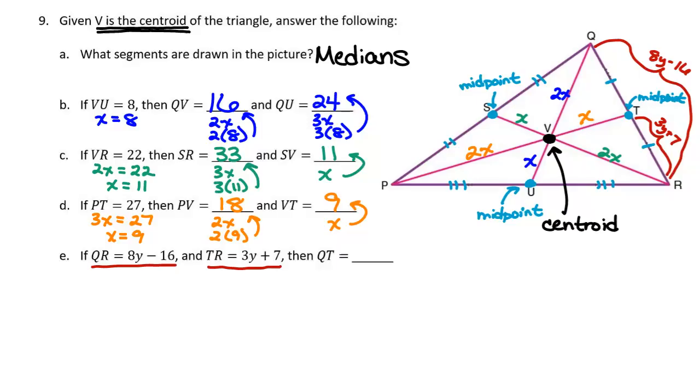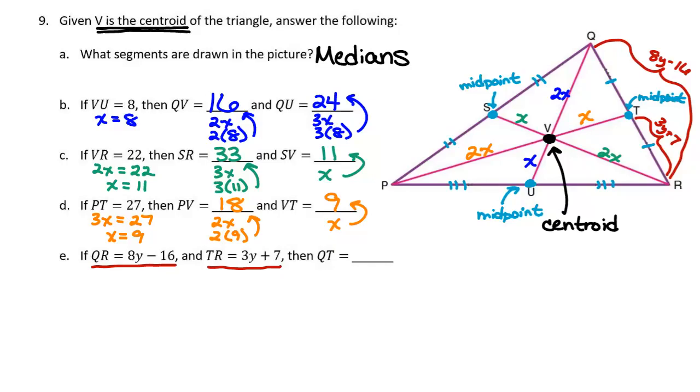So we're supposed to find the length of QT. What's the relationship between TR and QR? They're not the same size. It's a small piece of it. Specifically, it would take how many segments this size to make the whole thing? 2. It's half of the whole thing.